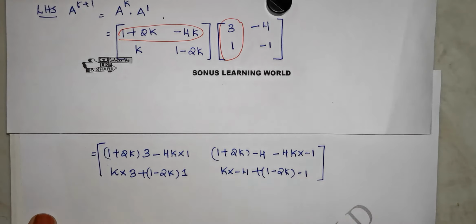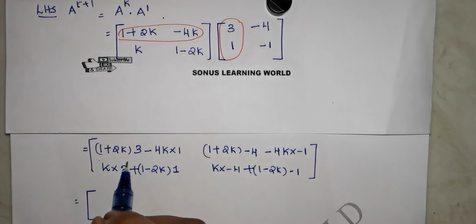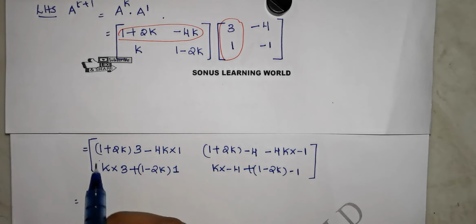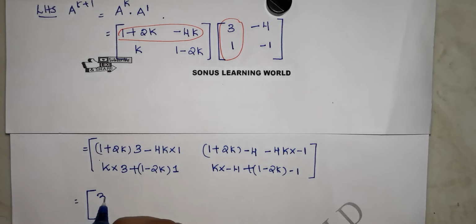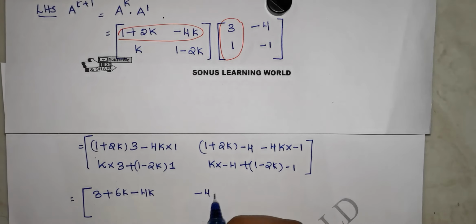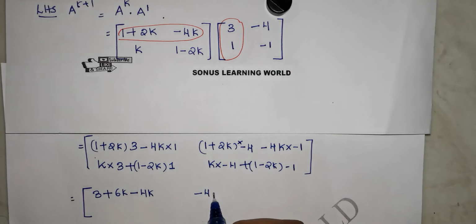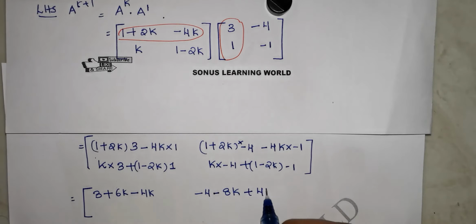So let me solve this. Here I have to multiply this 3 inside the bracket, so it will become 3 plus 6k minus 4k. Here minus 4 into 1, minus 4, minus 4 twos are 8k, plus 4k.